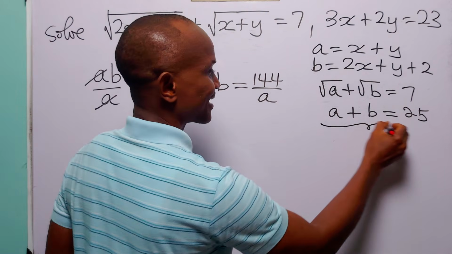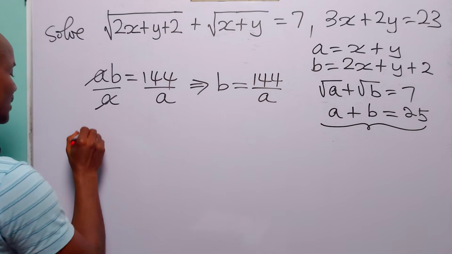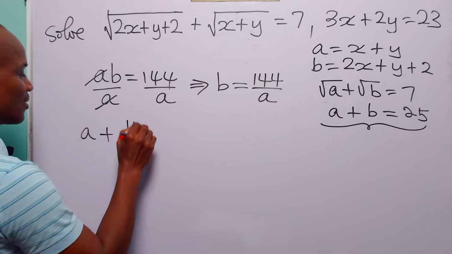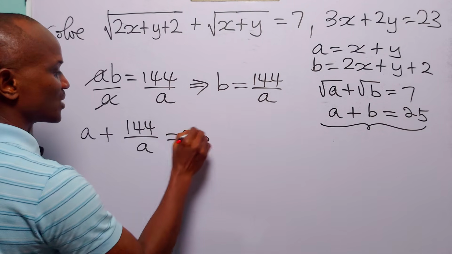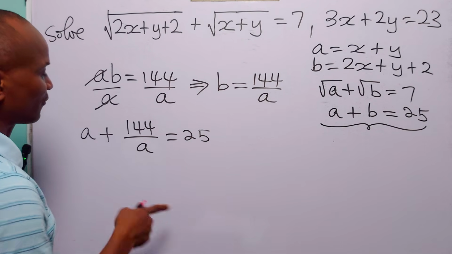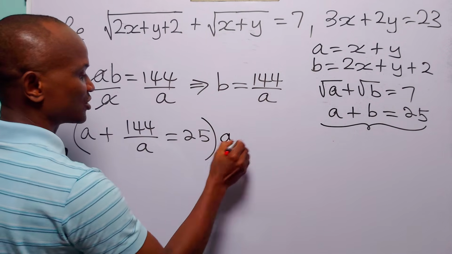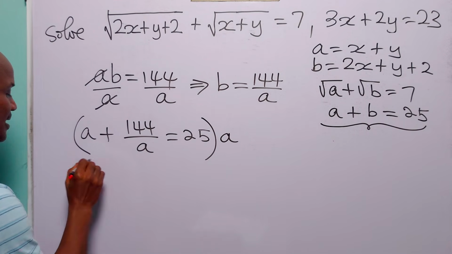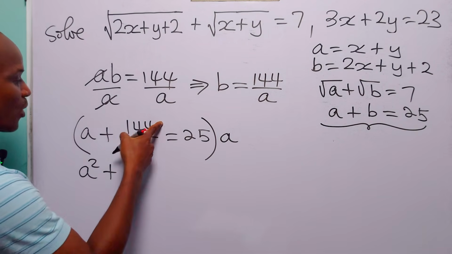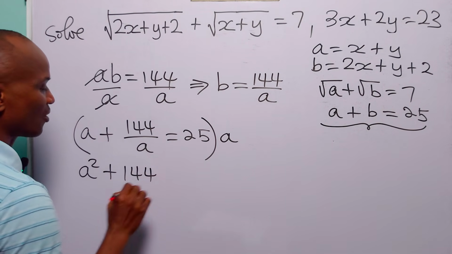The next thing we are going to do is replace b with 144 over a in this second equation. When we do that, we have a plus 144 over a is equal to 25. And of course, to get rid of this fraction, we multiply through this equation by a. a times a is a squared. 144 over a times a is 144.